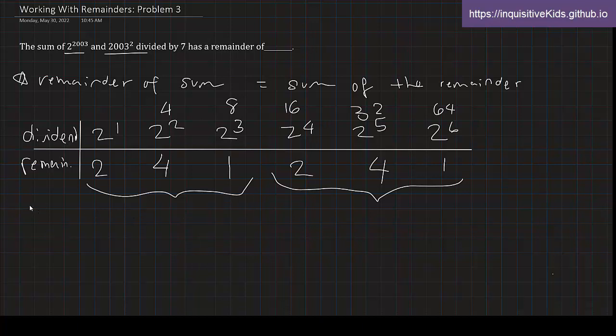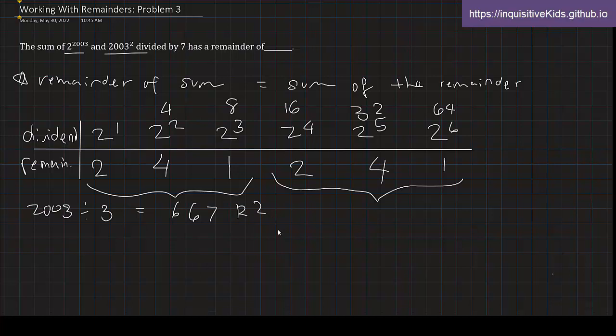So using this pattern, we take 2003, because that's the power, and we divide by the number of terms in each round that this pattern goes by, which is 3. So we divide by 3, and we get a remainder of 2.